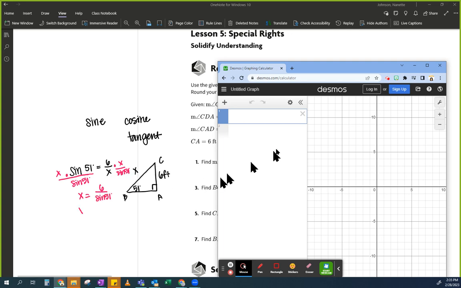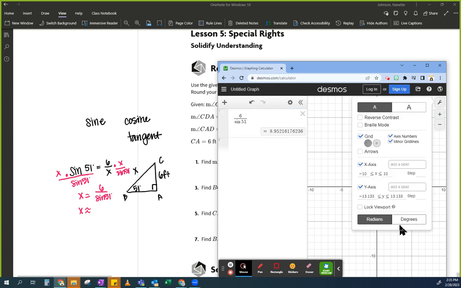And so I'm now going to plug this into my calculator. And the very first thing I should do, anybody know what the very first thing I should do before even typing this in? Yes, very good. I should check to make sure that this is in degrees, which it's not. Desmos has it set up for radians, because it's actually easier to work in radians than degrees. So my answer is 7.72 feet.